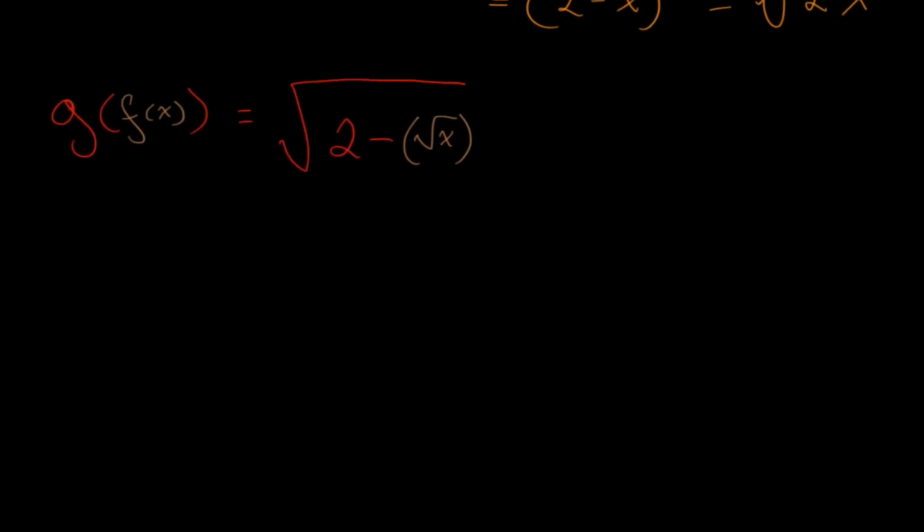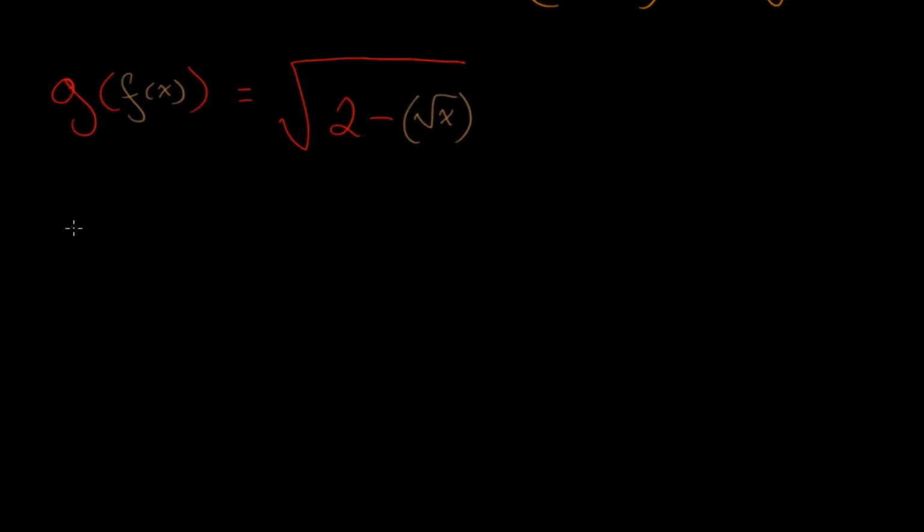And there's nothing else you can do to that, so that's the answer. Alright, f of f. We'll do the outside f, I'll distinguish between these two, and the inside f in yellow.